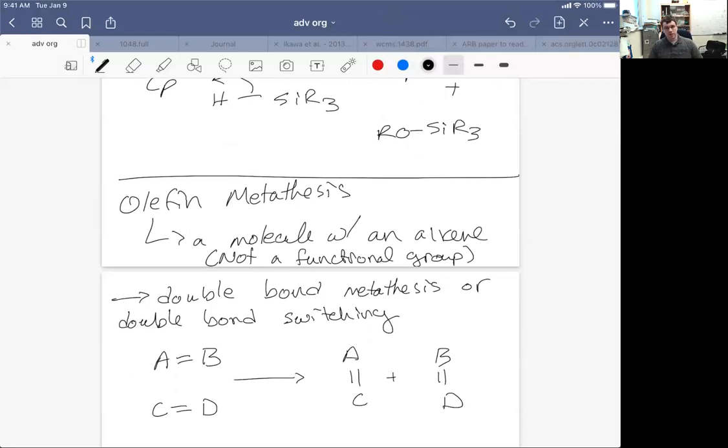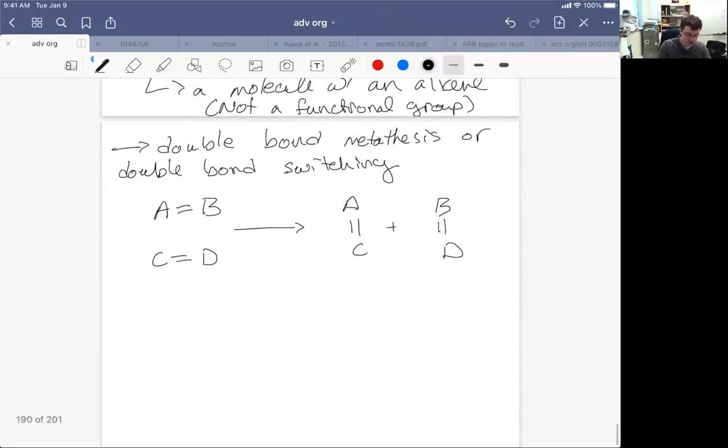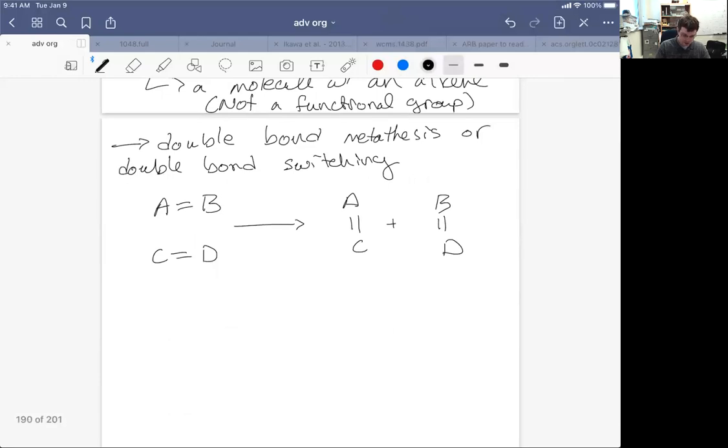Grubbs and Schrock, who worked on this, shared a Nobel Prize for this because they were able to do this in the context of carbon-carbon double bond systems. It really turned out to be quite effective, quite reliable, and as a result, it really impacted the chemical industry in a big way. Olefin metathesis has all carbon atoms.